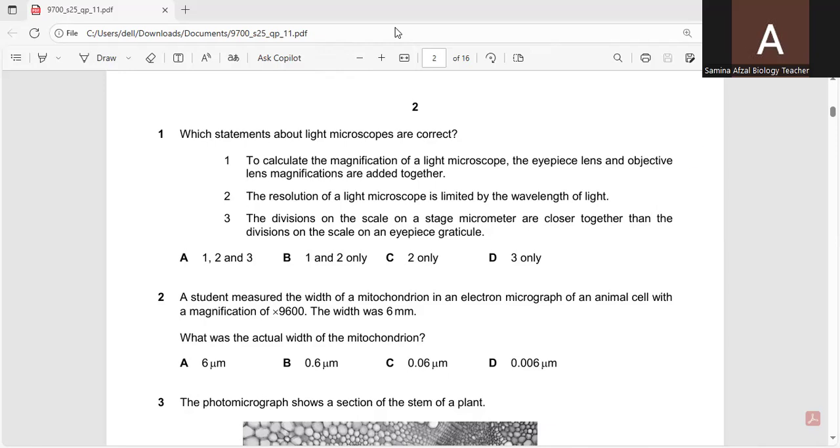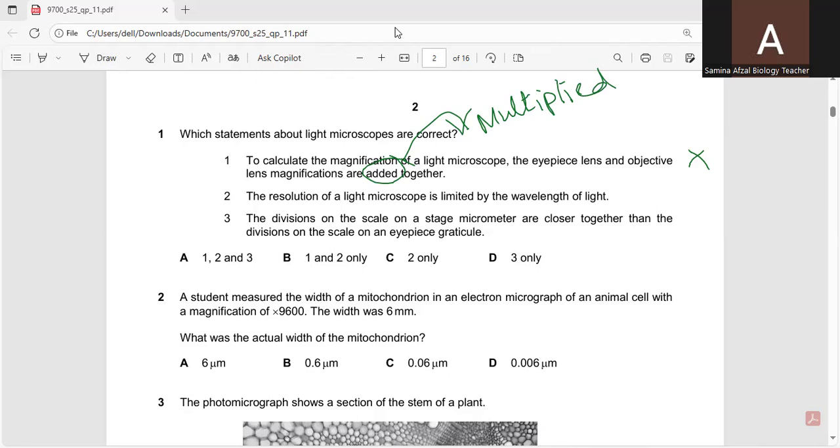This is not a correct statement because they are not added together. The magnifications of the eyepiece lens and objective lens are multiplied. So they multiply together. So this is not the correct statement.